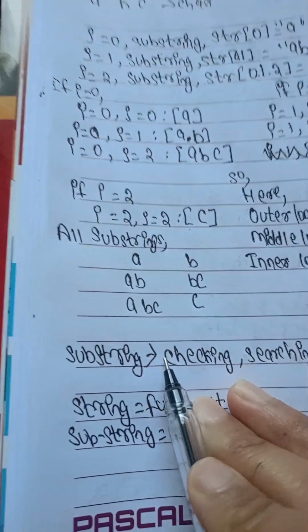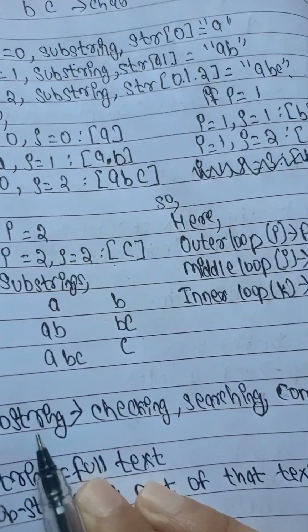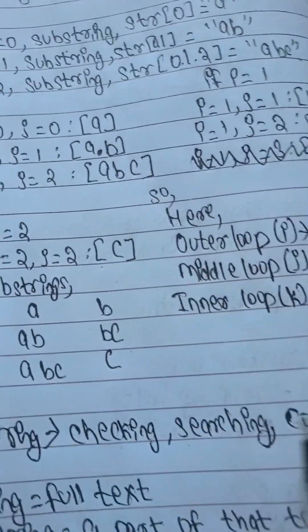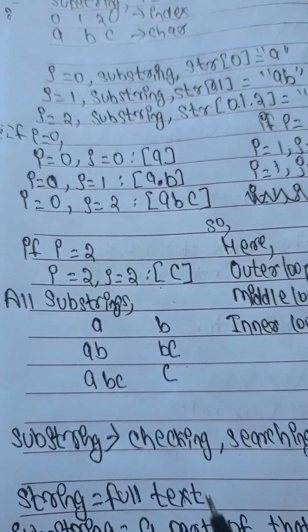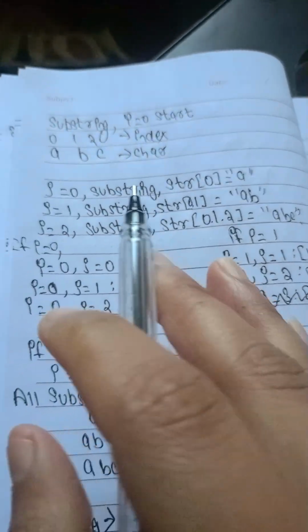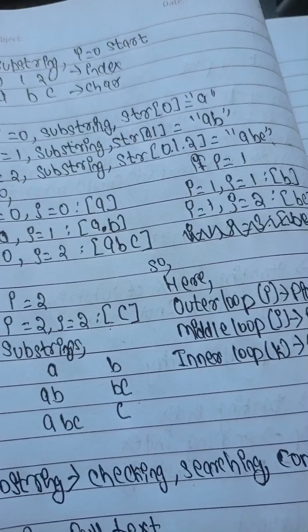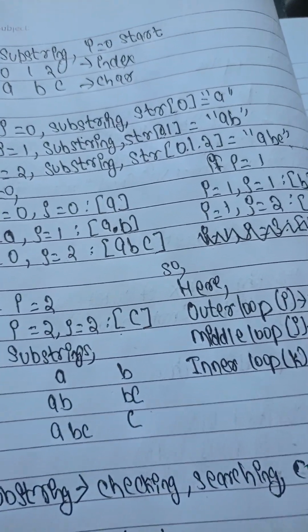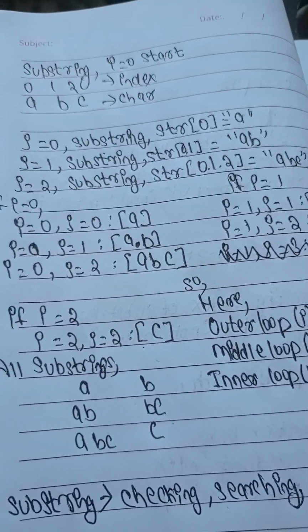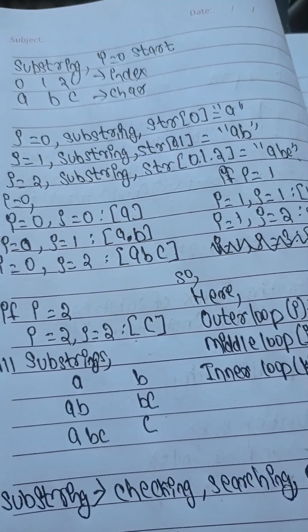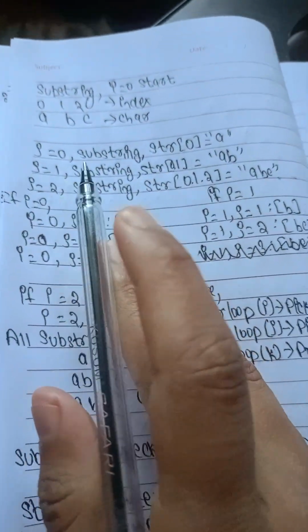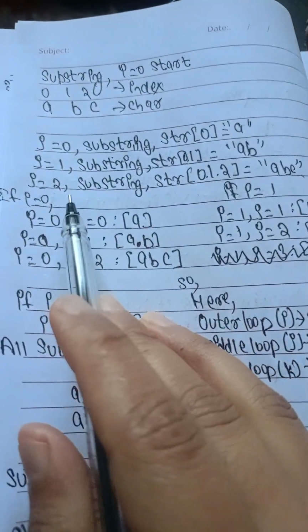Substrings are used for checking, searching and comparison, and for many other reasons. A string is the full text, whereas a substring is a part of that text. So this is how we understand the example and how the substring works.